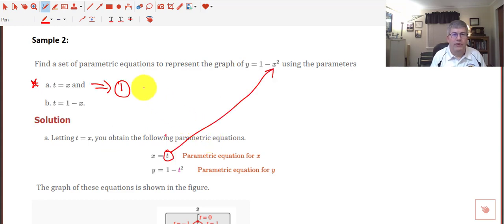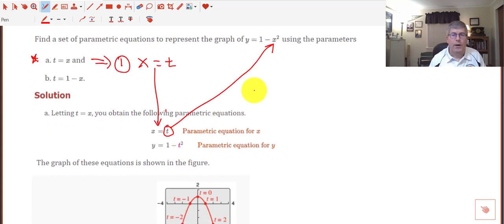First thing we did is we just flipped this. X must equal t if t is equal to x. And then we took our x is equal to t and we substituted it into y for x. We put t in there and we get 1 minus t squared. So now we have our two parametric equations.